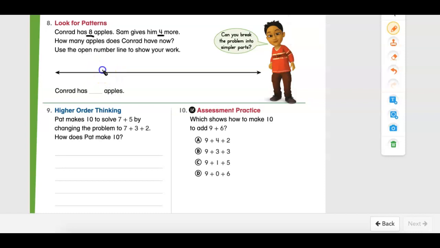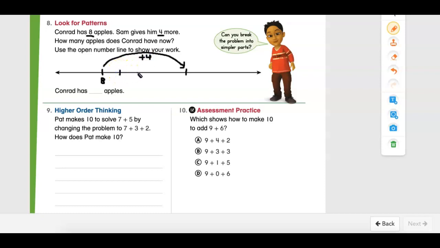So on our open number line, we are going to write 8 because that is our starting point. And we know that we are adding 4 more. So I am going to write 8. Our line over here, but I'm not going to write what this number is because I want you to find it out. So I'm going to jump down to our mark that we made and write that we jumped 4 spaces.